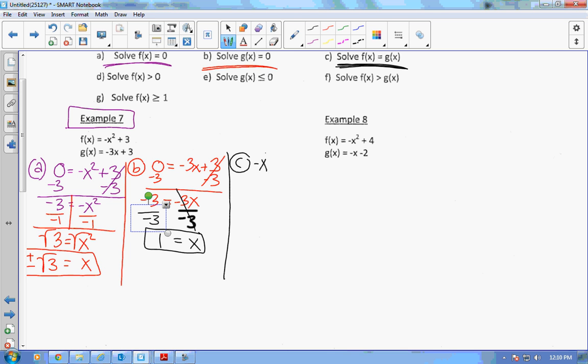Yep, negative x squared plus 3. We're going to set it equal to g. Arya, what is g? Negative 3x. Good. Negative 3x plus 3. This part's f. When we set it equal to the g, f equals g.